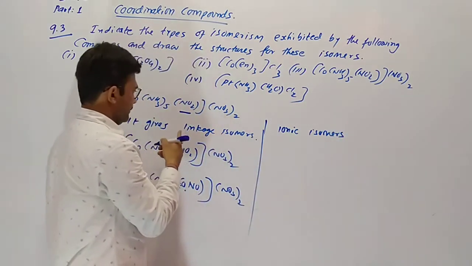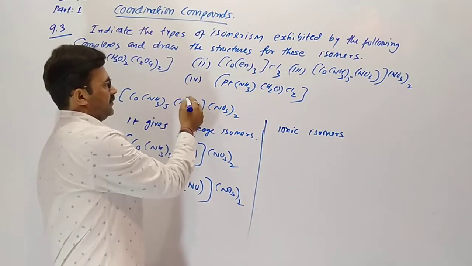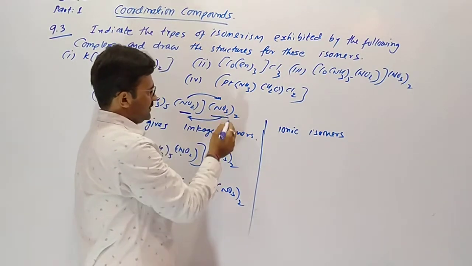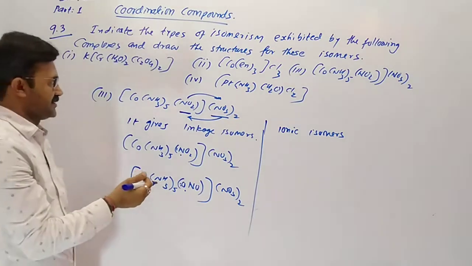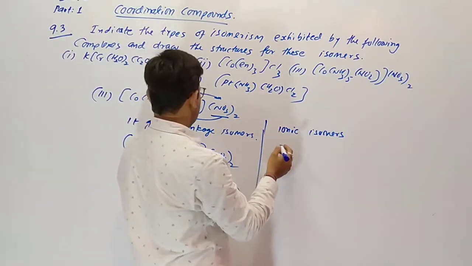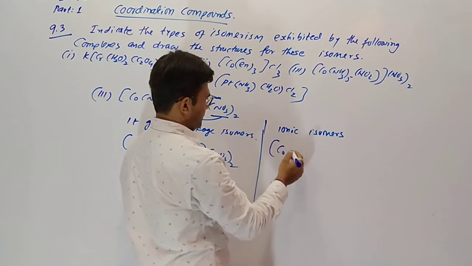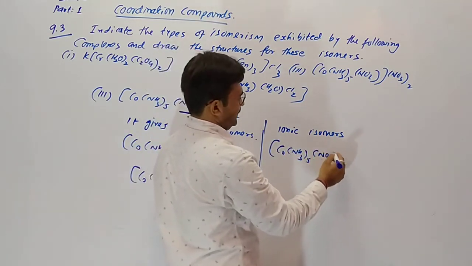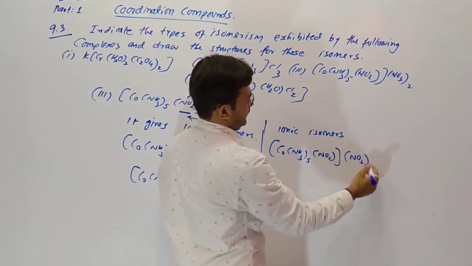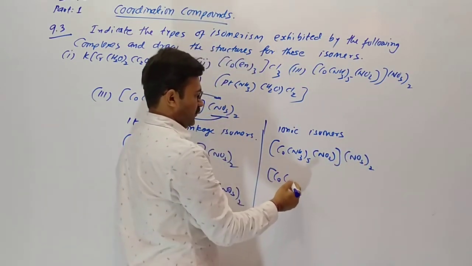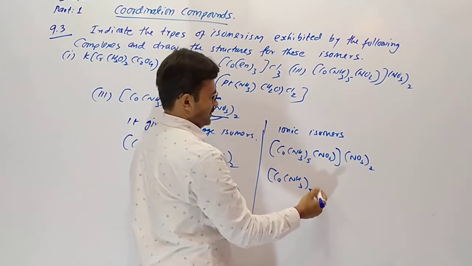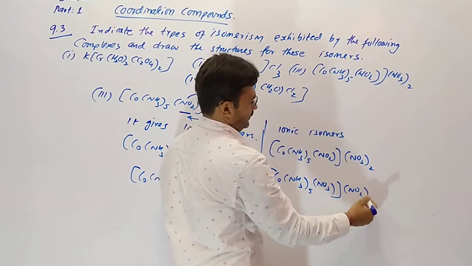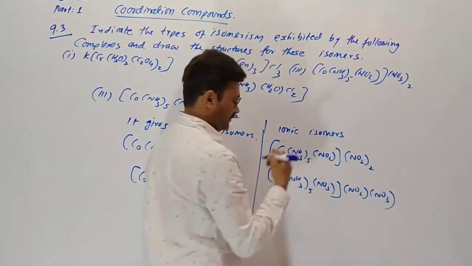It also gives ionic isomers. Why? One NO2 comes outside and one NO3. This NO3 is able to replace the NO2 group. So in [Co(NH3)5(NO2)](NO3)2, one NO3 replaces NO2 and one NO2 comes outside.